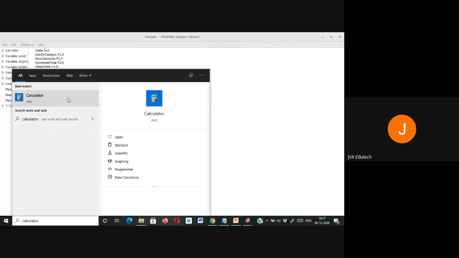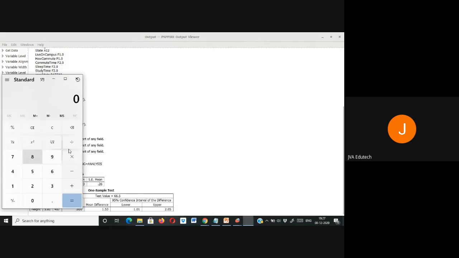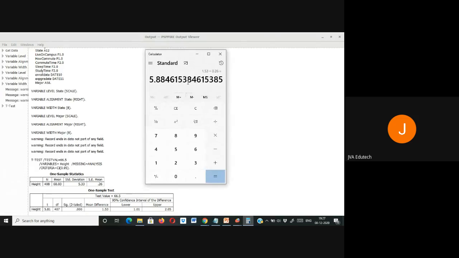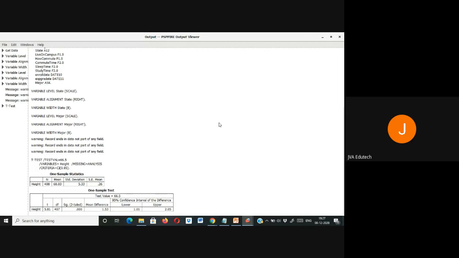If I divide the mean difference 1.53 by the standard error mean 0.26, I'll get nearby 5.88, somewhere around 5.81. This will be the t value that I'm getting. So now what can we say? The null hypothesis is rejected. Fine.